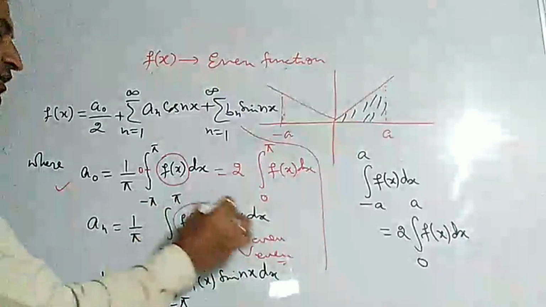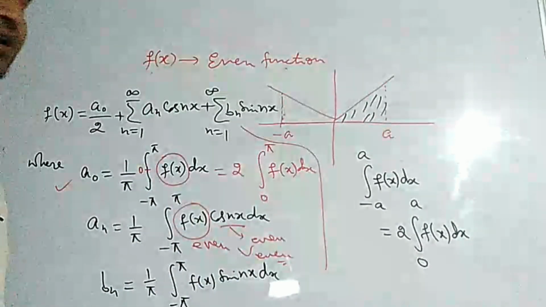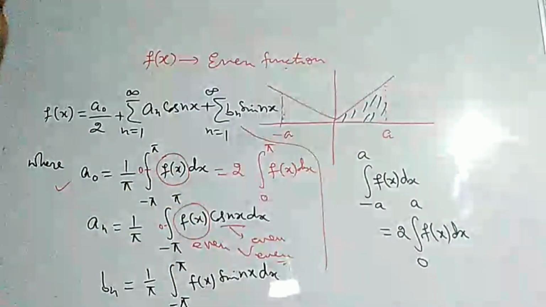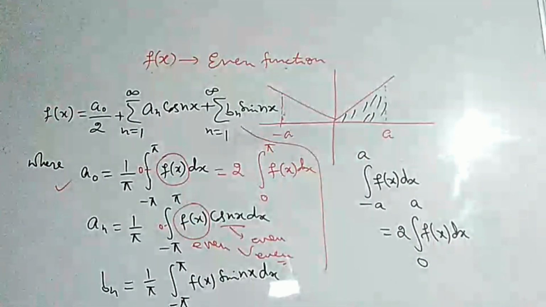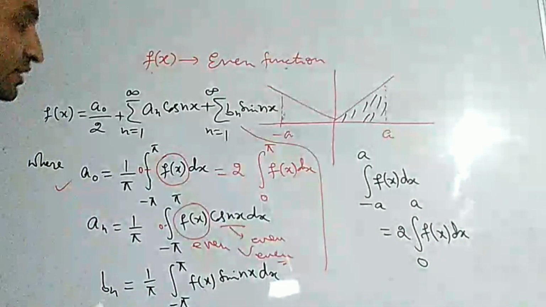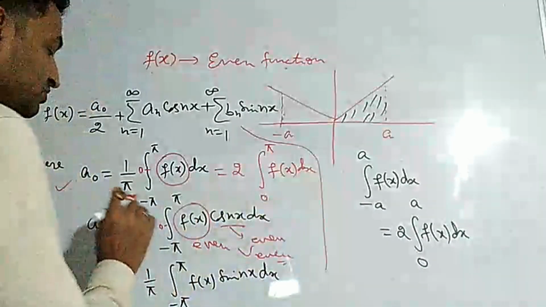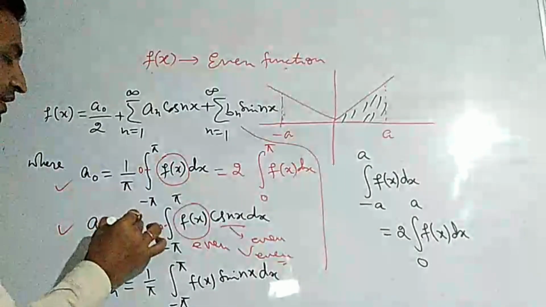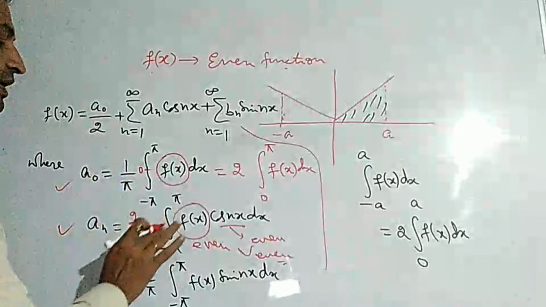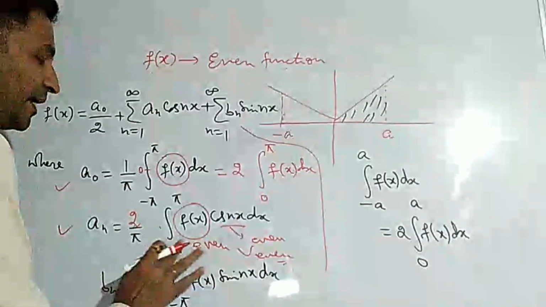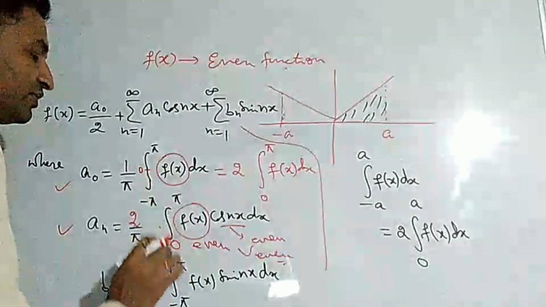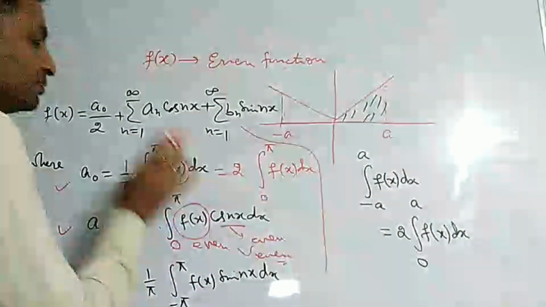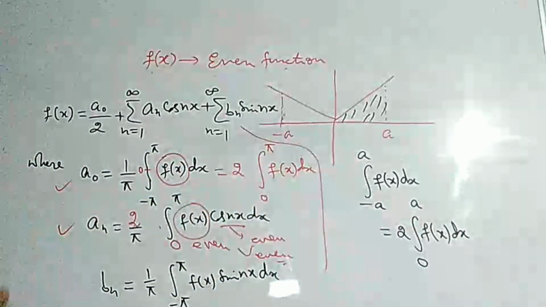So ultimately, what we are getting inside this integral is an even function, and the limit is still at equidistance from the origin. So if you solve, it will give you 2 times. Let me make a correction here. What we are getting for an is 2 by pi, and you have to make a change here. Now you need to take only the one-sided graph, 0 to pi. So this is all about an.